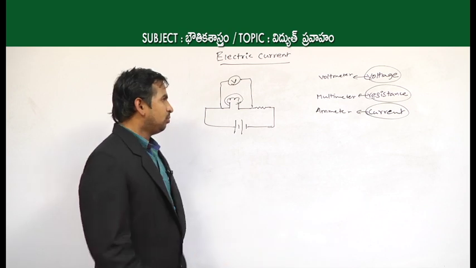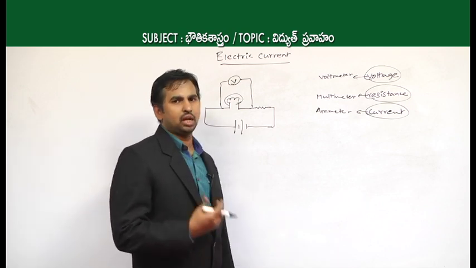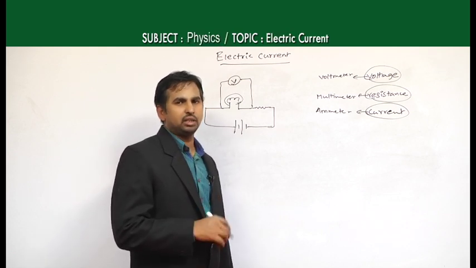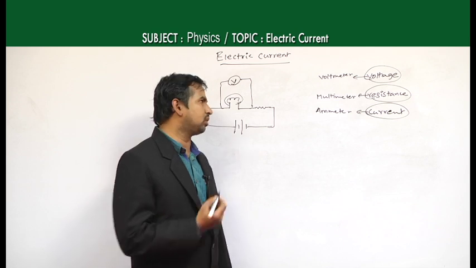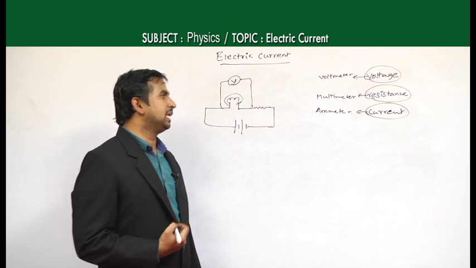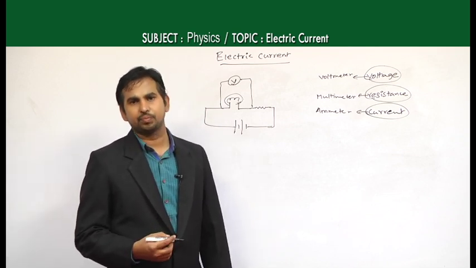So, in most cases, if you want to use a voltmeter, we have to arrange it in parallel. If you want to use an ammeter, we have to connect it in series, because in parallel the voltage value remains the same, and in series the current value remains the same.